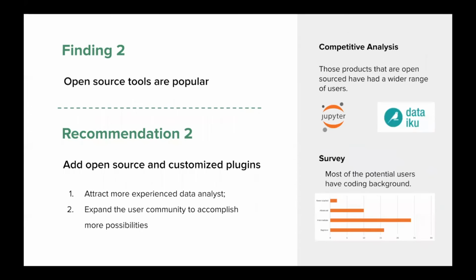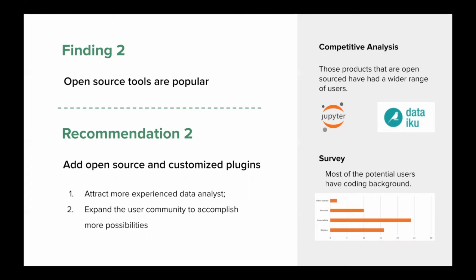Our second finding is that open source data analyzing tools are popular in the market. We found from comparative analysis that some competitors with open source, such as Jupyter and Dataiku, have a wider range of users because they can serve more users who are willing to analyze data with coding language.